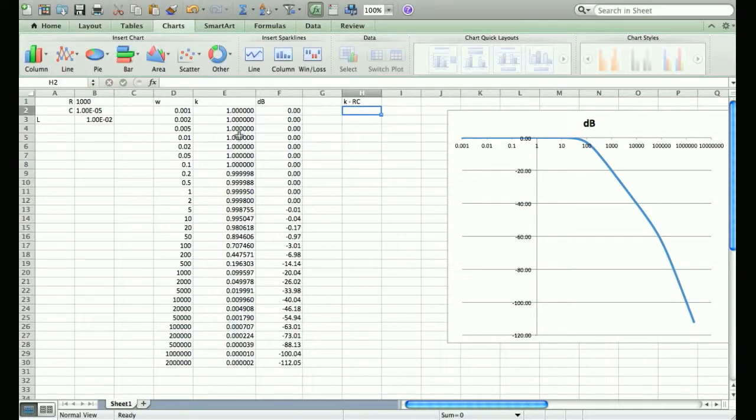You ready for it? I'm going to change it again. Okay. So I'm going to change this back to what it was, which is 1,000. Okay. I'm going to change it to 400 ohms. Do you guys see that?